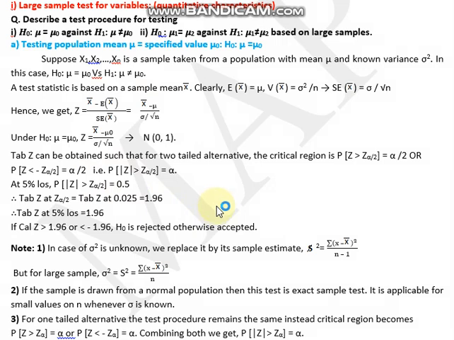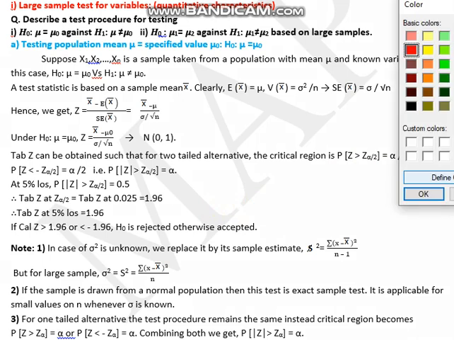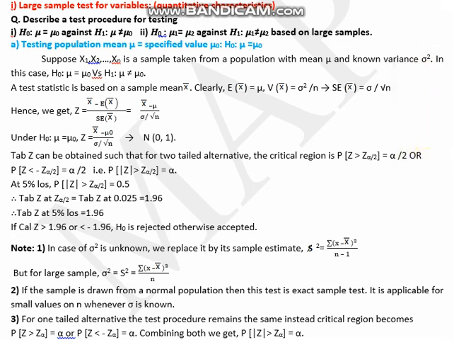Otherwise we can take probability of mod z greater than z alpha by 2 equal to alpha by 2, where the value of alpha by 2 is taken as 0.05 divided by 2, so the table value of z at 0.025 is 1.96, and therefore the table value of z at 5% level of significance is 1.96.